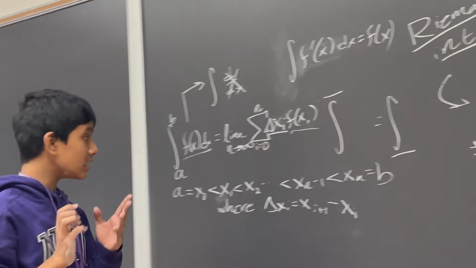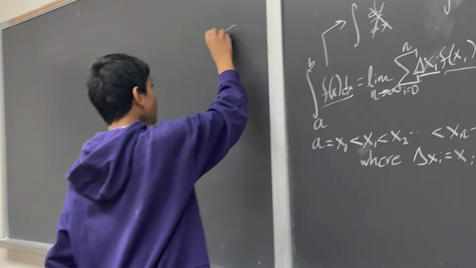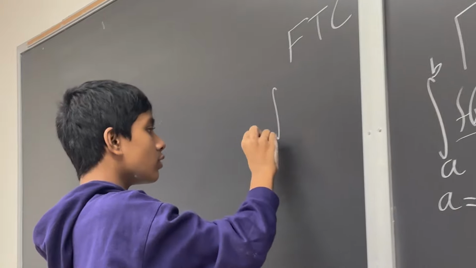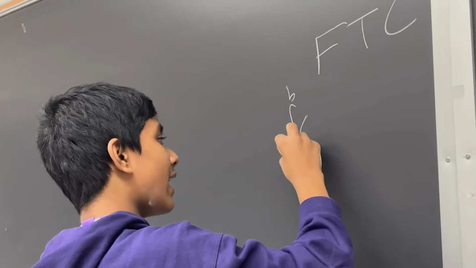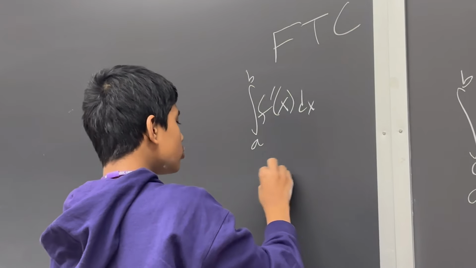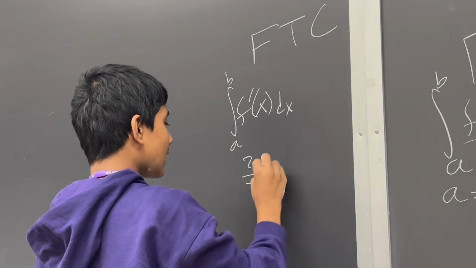Or, better known as the fundamental theorem of calculus, how do we know that the integral from a to b of f prime of x dx, this definite integral, is equal to f of b minus f of a?